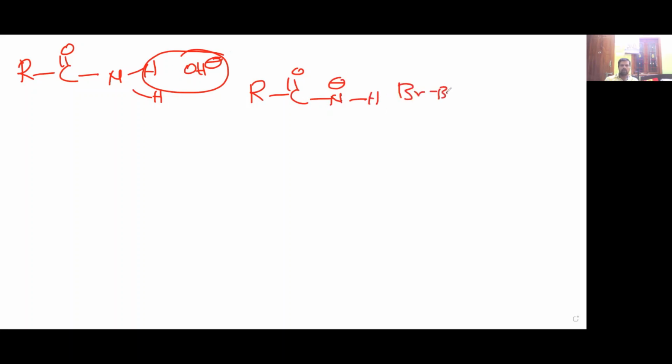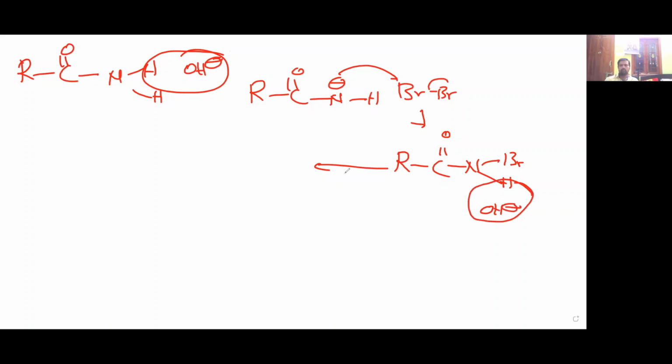So this N minus treated with Br2, it is attacking, then RC double bond O, N, Br, hydrogen. So then again you added base, again water eliminated, then you are going to get R, C double bond O, N minus Br.